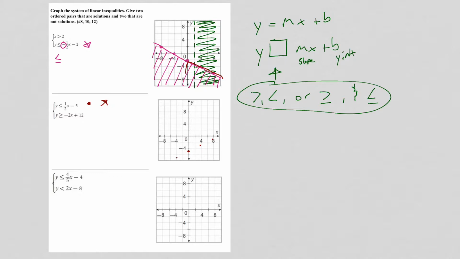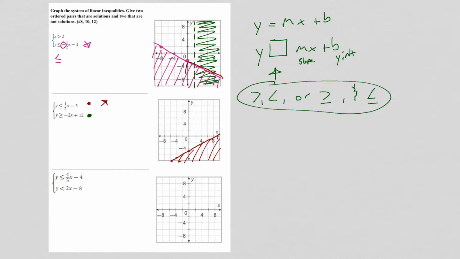And I don't particularly like the way these graphs are numbered, but your homework at least is not numbered this way. And then it's going to be less than or equal to. So it's this area below the line that I'm shading for that line.